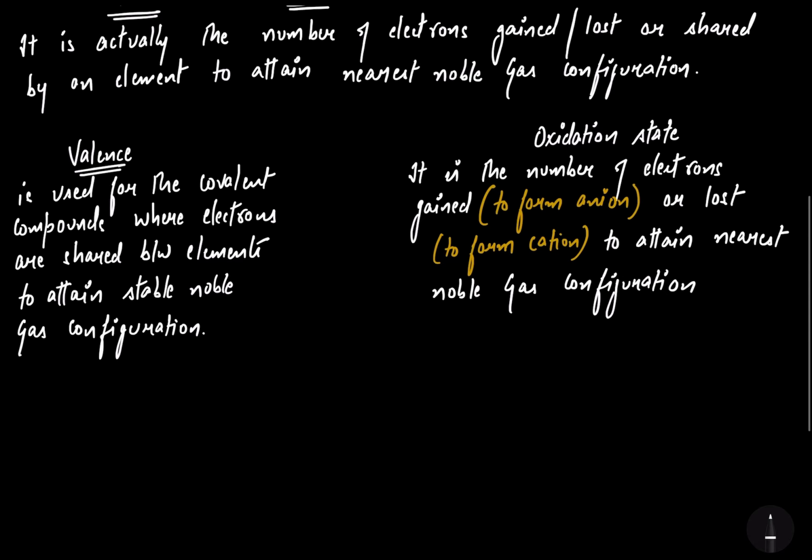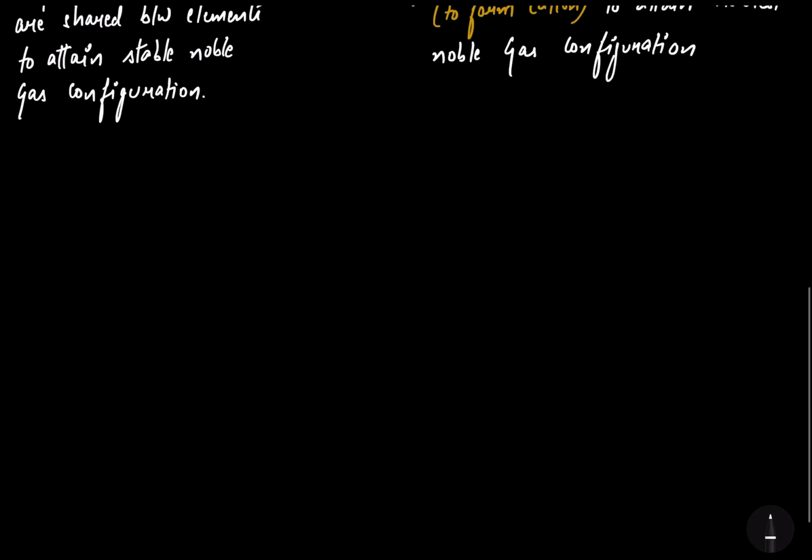So now let's take an example. I'm taking an example of oxygen. The nearest noble gas to oxygen is neon. And I'm taking one more example, sodium.